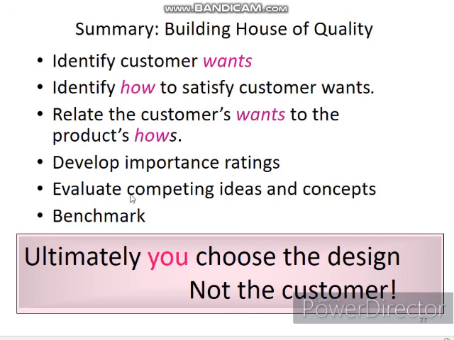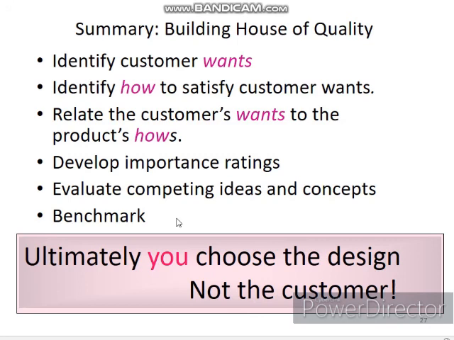And then you start to evaluate the competing ideas and concepts. This is looking at the correlations among all the design parameters, so that you can pay attention to the negative correlations between design parameters, and do a trade-off to make sure that you satisfy the customer requirement. And lastly, you do benchmarking and compare your product against your competitor.